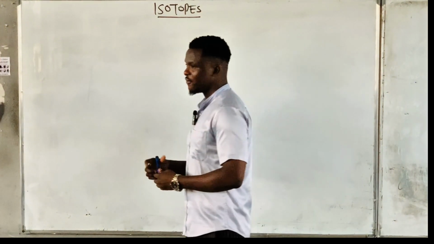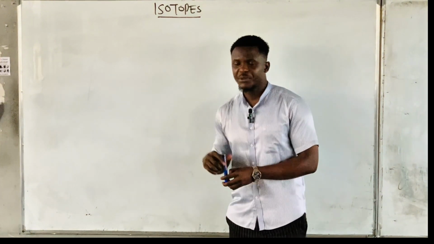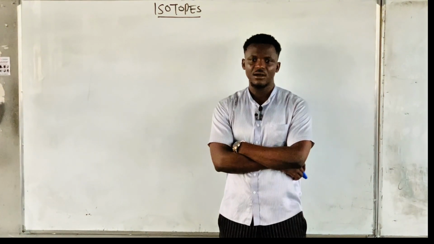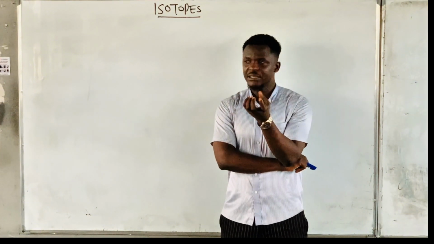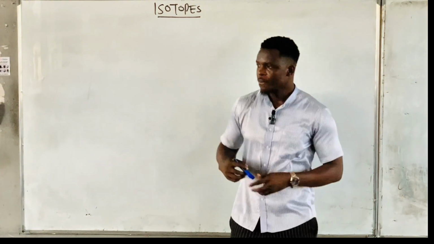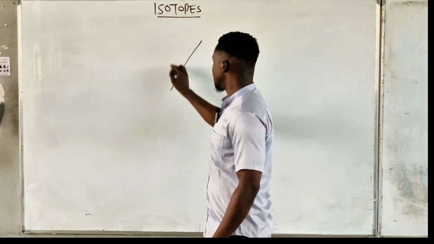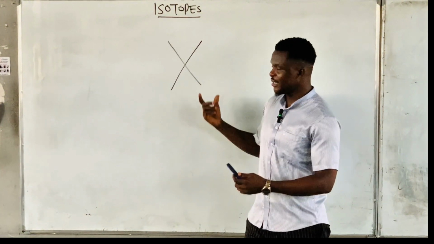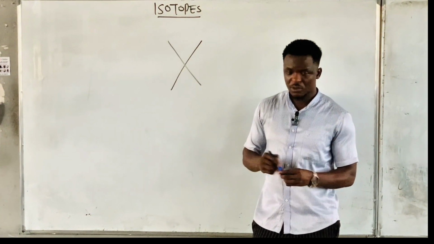Before I proceed to give us an example, it's important for us to understand what atomic number is and what mass number is. Let's take this to be the general representation of an atom. You've seen this in your secondary 2 textbook.